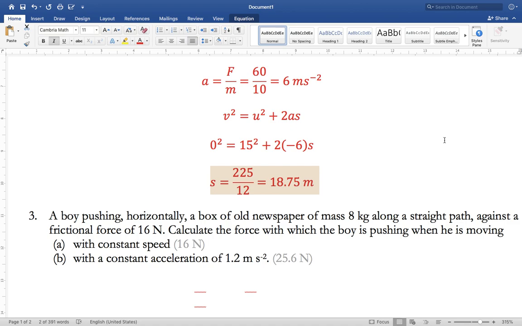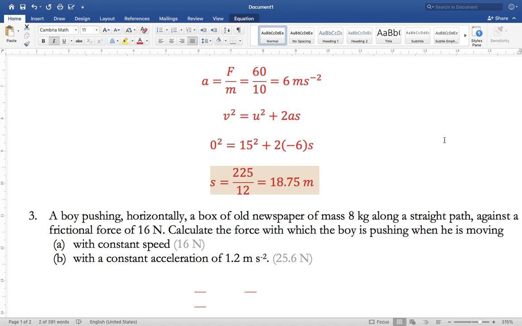Calculate the force with which the boy is pushing when he is moving: A, with constant speed, the answer is 16. And B, with constant acceleration of 1.2 meter second minus 2, the answer is 25.6 Newton. How to solve this?